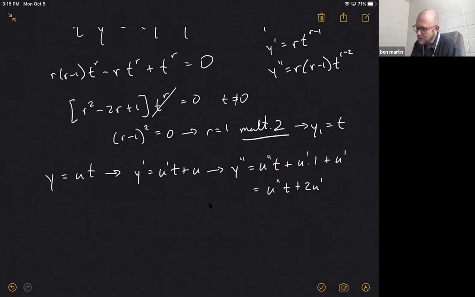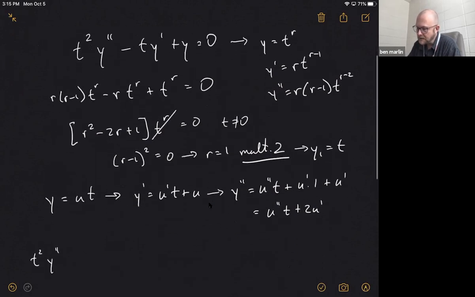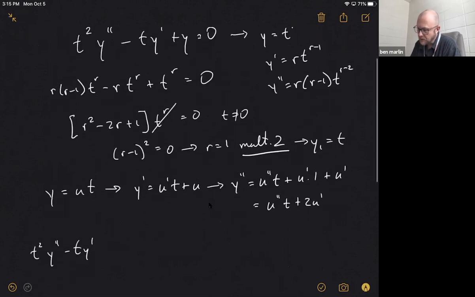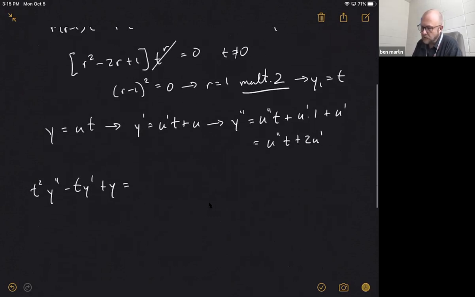So the original equation, which I've already lost track of, was t squared y double prime, what was it? Minus ty prime, and then plus y equaling 0. But we're going to do all of our substitution as we go here, all right?